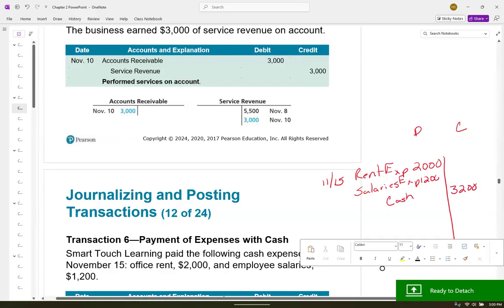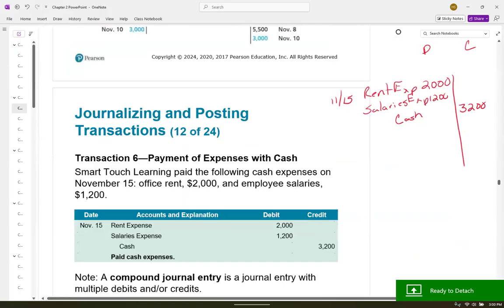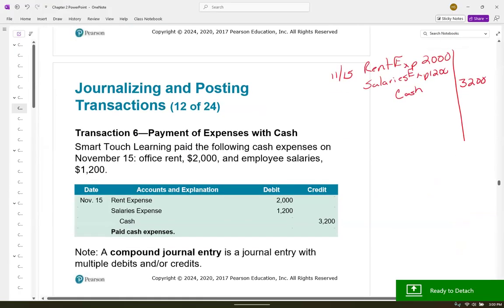Okay. I would have done those in two separate entries, and I think I said that in chapter 1 as well. But for simplicity, notice our debits equal our credits. I said at least two accounts, so it can be more than two, but it has to be at least two accounts. All right.